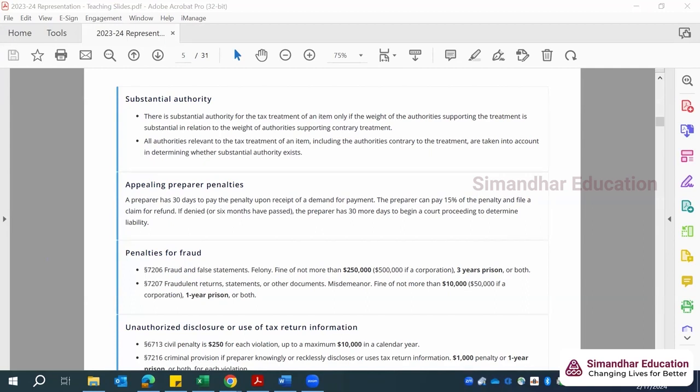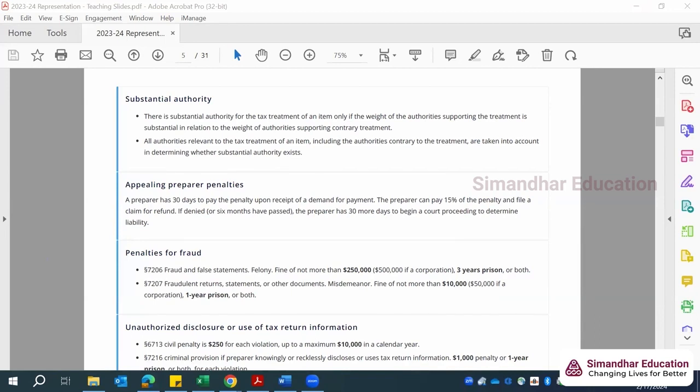So whenever you get a notice from the government, that is called a notice of deficiency. It means something is deficient in your tax return. That's the reason you're getting a notice from the government. Now, what are Form 8275 and 8275R?